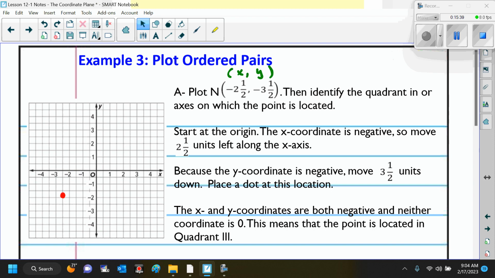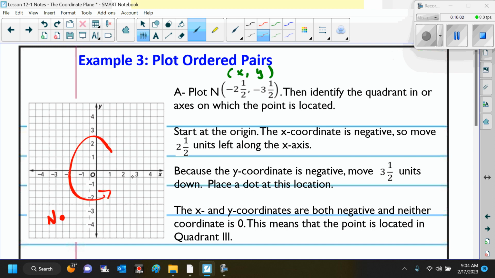So that's 1, 2, 3.5. So here we are, right there. And this is point N. So let's label that N. That is at -2.5, comma, -3.5.